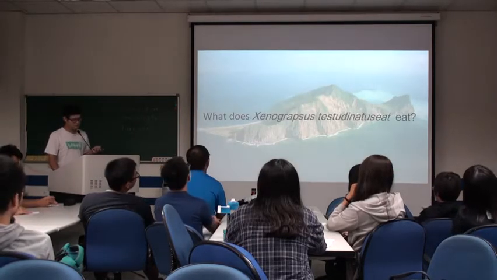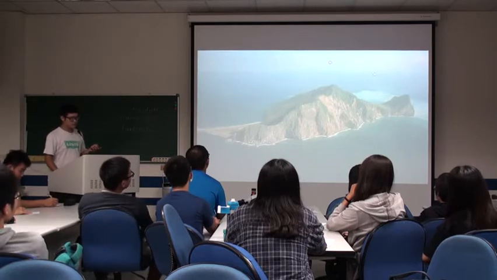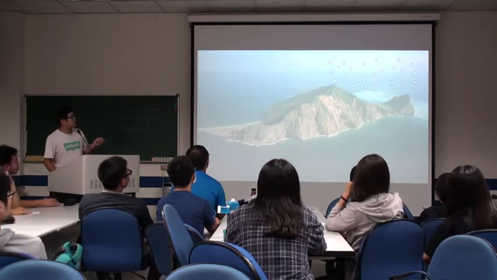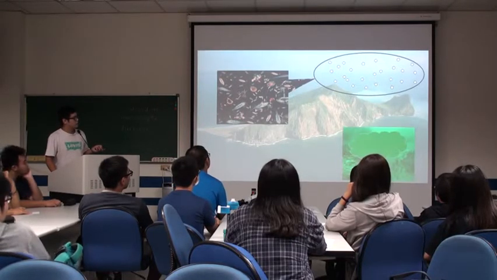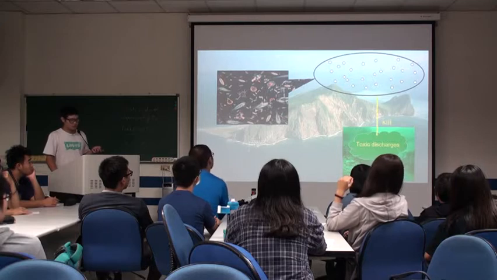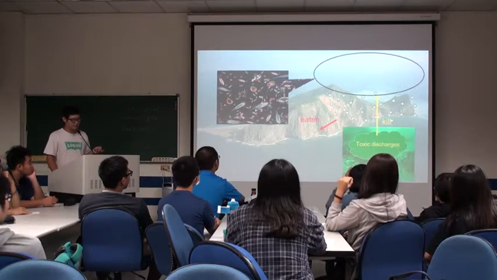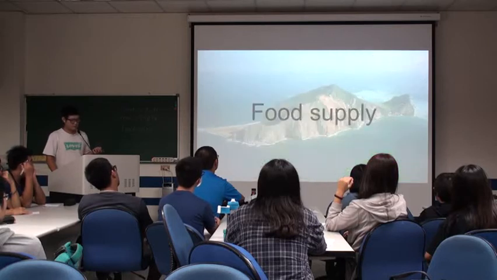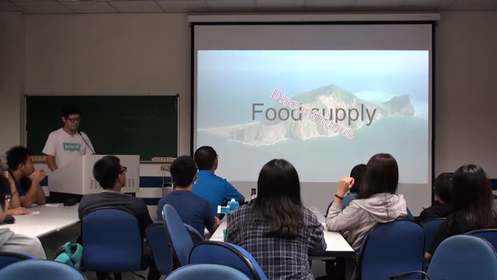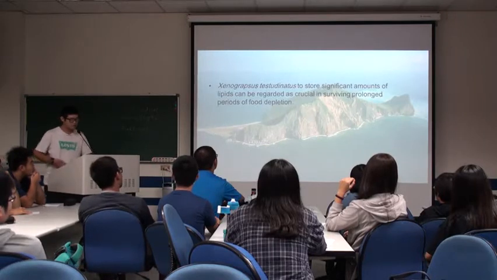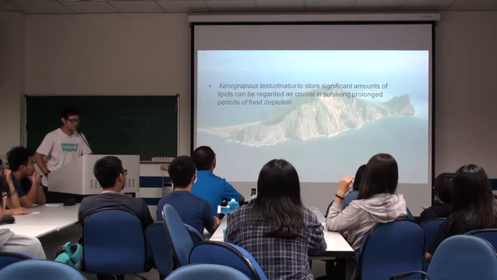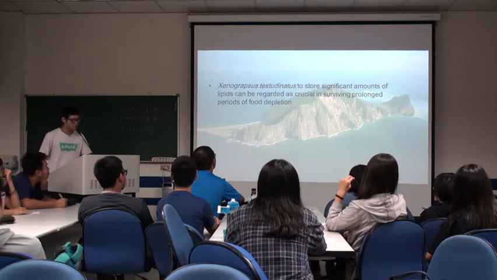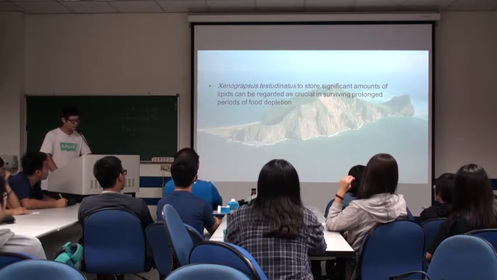And what does the crab eat? This is the zooplankton, and it looks like this. They were killed by the toxic discharge, fall down, and are eaten by the crab. But the food supply is discontinuous and poor, so the crab stores a significant amount of lipids, which can be regarded as crucial in serving prolonged periods of food depletion.